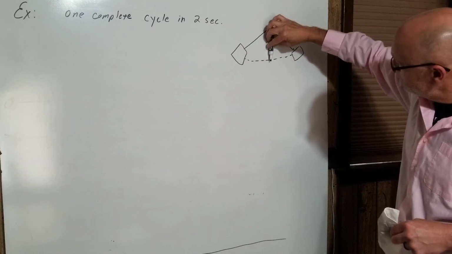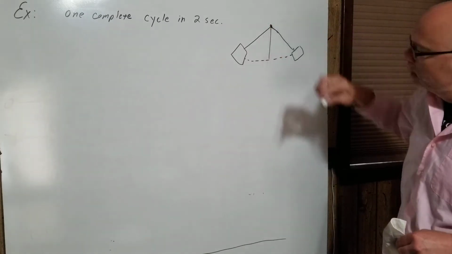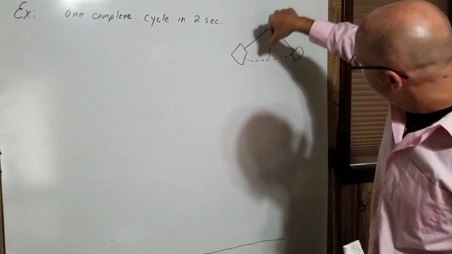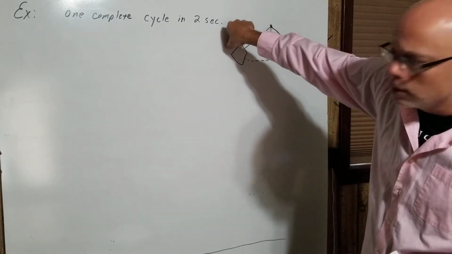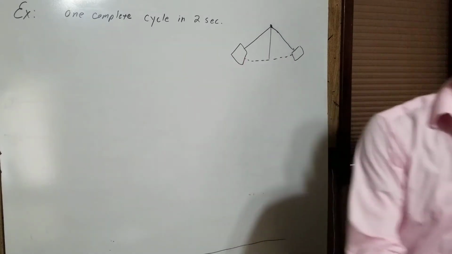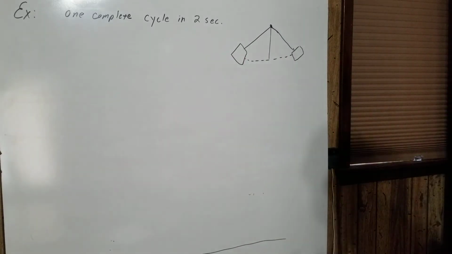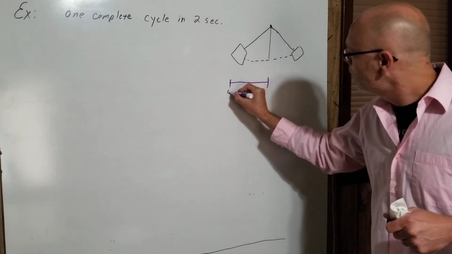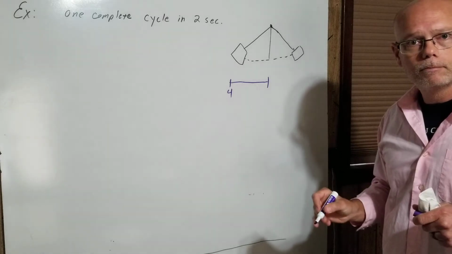If it's resting, then the block is right here. Now, what do they say for this example? They say, suppose you grab this and you pull it to a spot 4 inches to the left of its resting area. So they're saying that from here to here, we're at 4 inches.